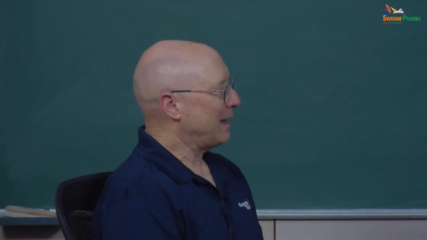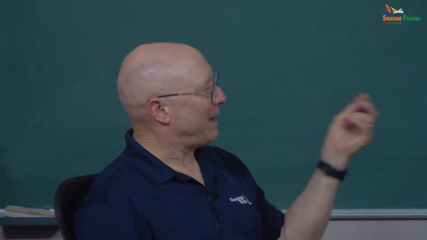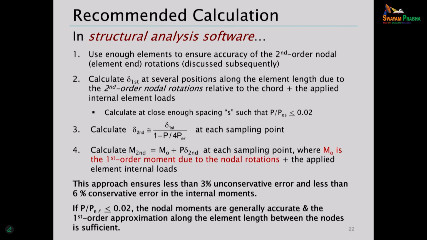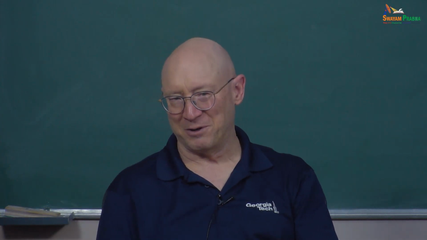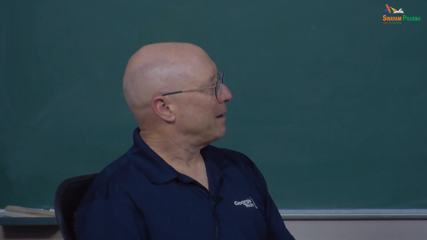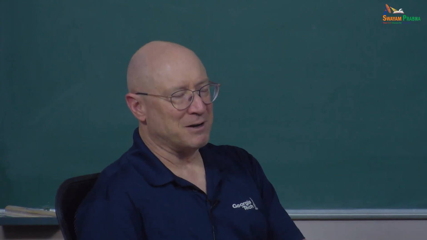Now that's overkill for many types of elements, but that rule will give you something where you don't have to fight with figuring out some approximation between the nodes. I just use the first order approximation between the nodes. But also, we'll talk later about different types of frame elements.